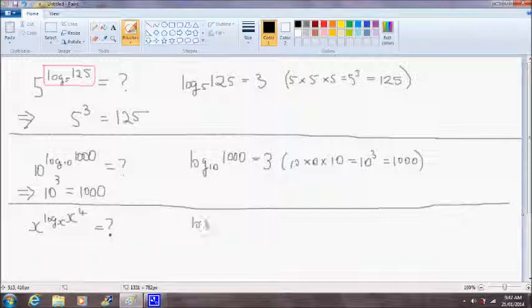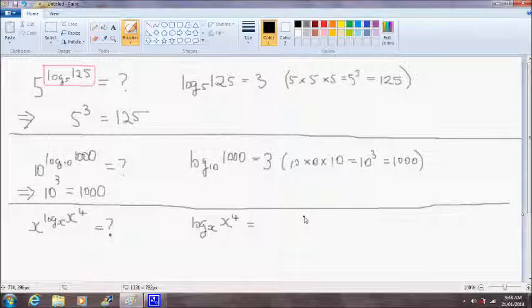Well, log to the base x of x to the fourth power is simply asking what index do I have to raise x to get x to the fourth.